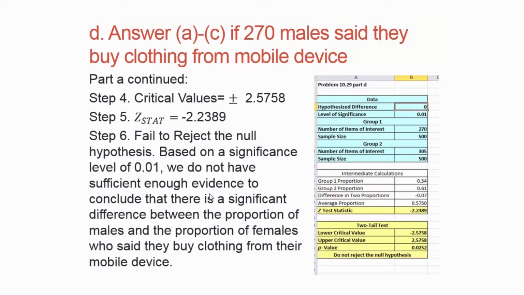So that's between the two critical values, and therefore I will fail to reject, which means if I need to use an alpha level of 0.01, I do not have sufficient evidence to conclude there is any difference in the proportions of males and females that buy their clothing from the mobile device. The difference that exists, we would presume, is probably due to sampling error.